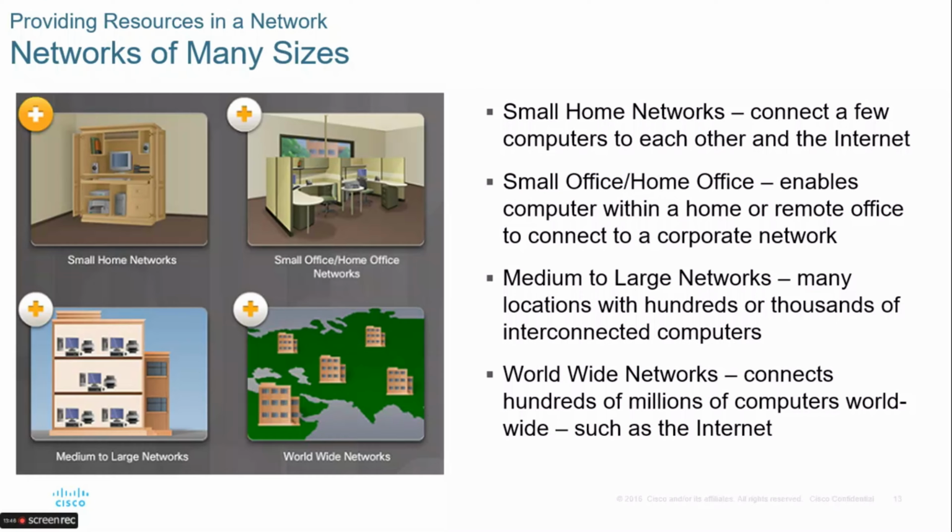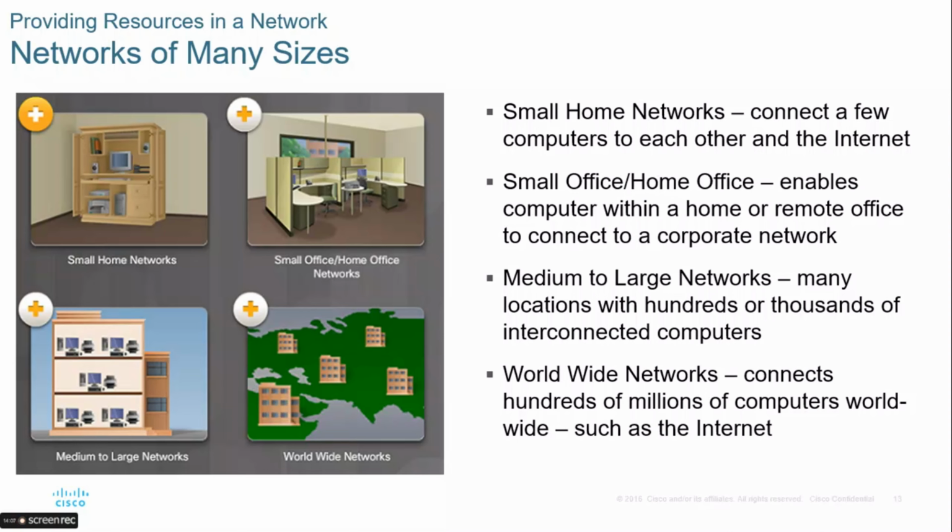Now, I'm going to discuss networks in terms of sizes. Networks exist in terms of sizes. The first size, the first type of the network, we've got small home networks.